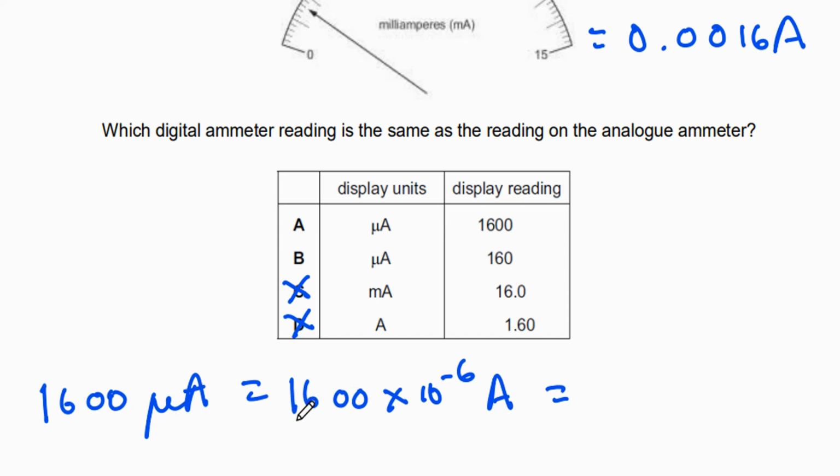And so we need to divide 1,600 by 10 to the 6th, so basically by 1 with 6 zeros. Now, when we do this, we're going to get 160 amps. So clearly it's not A, the answer is B.